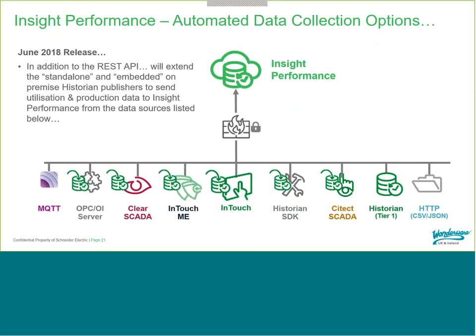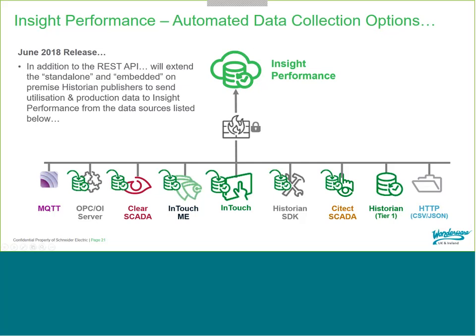As I said, at the moment, in terms of support for automated data collection, there is a REST API that will help you create those utilization and production data events. And in June, there'll be full support with the on-premise historian that will allow you to publish all of your utilization and production data to Insight Performance. That's supported from all the data sources listed in this architecture.